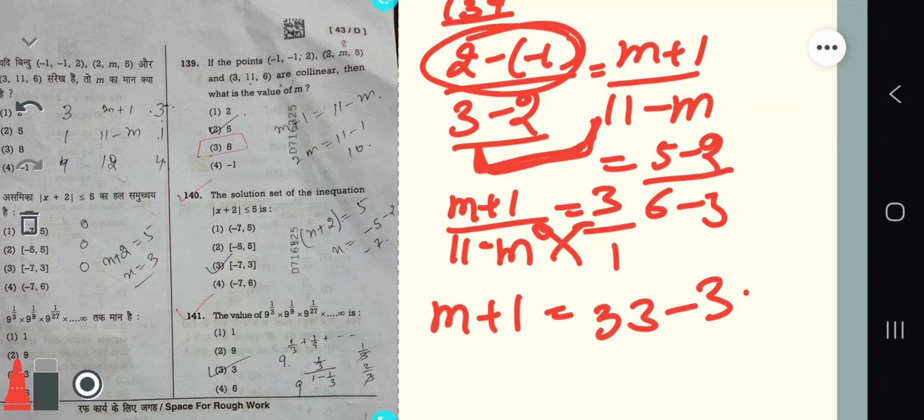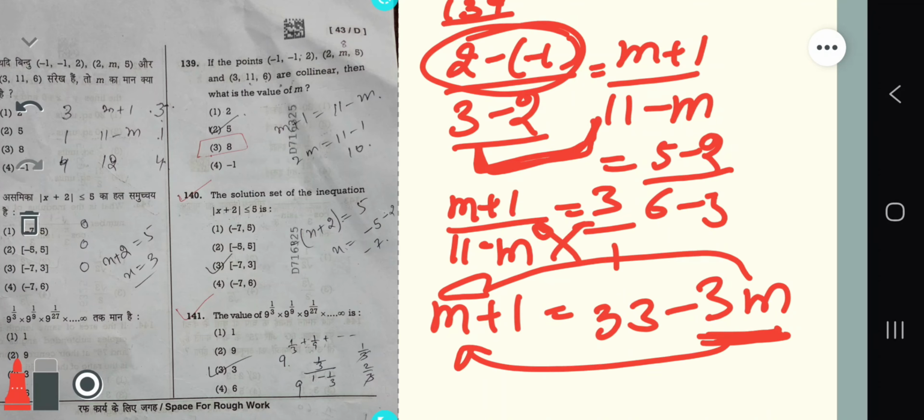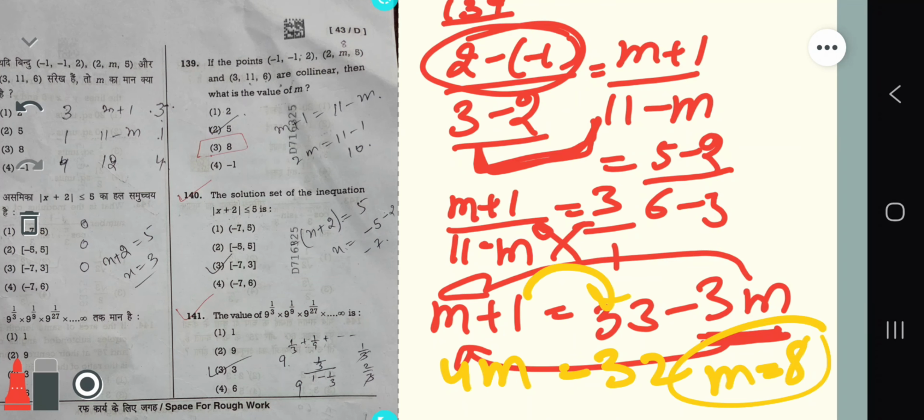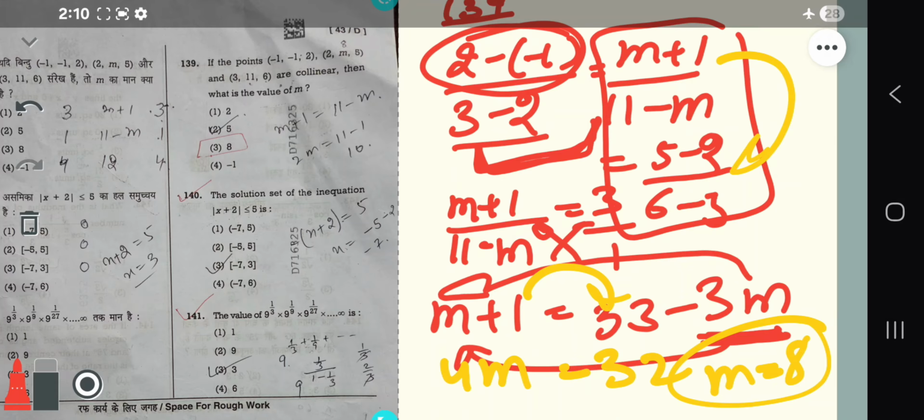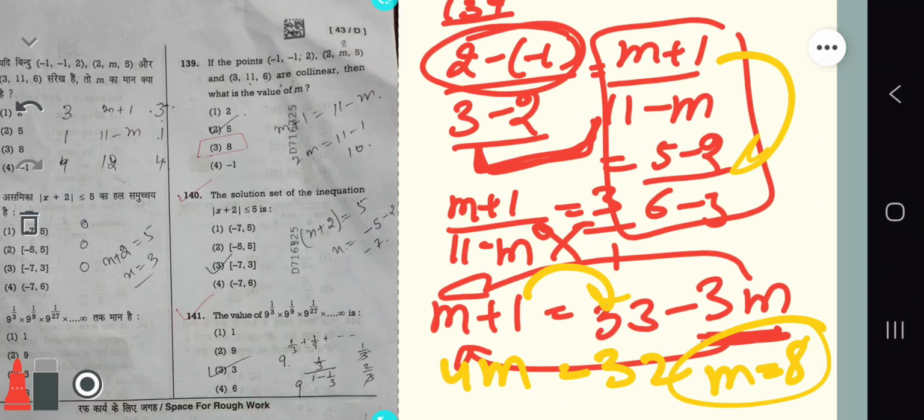And simplifying this, इधर लेकर आएंगे तो कितना आएगा? 4m equals 33 minus 1 which will be 32. इसको इधर लेके जाएंगे RHS में. So m equals 8, right? m equals 8. You can verify with this by equating this condition. And so option number 3 is the correct answer.